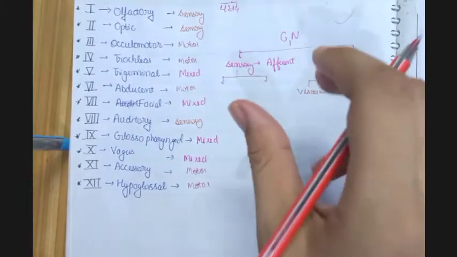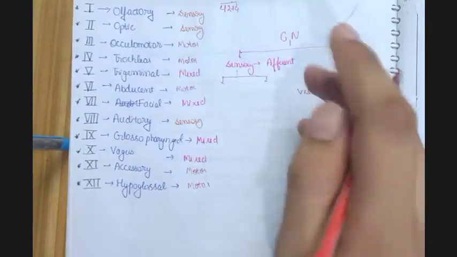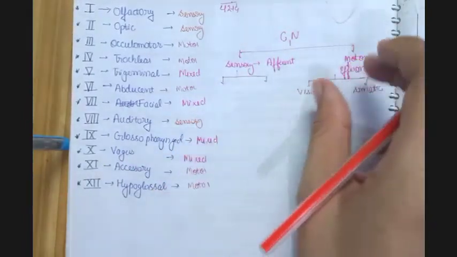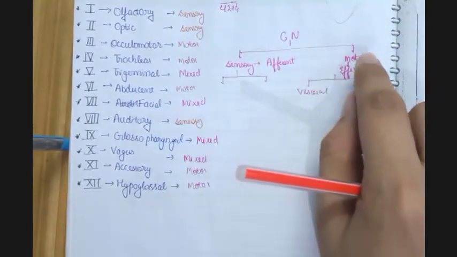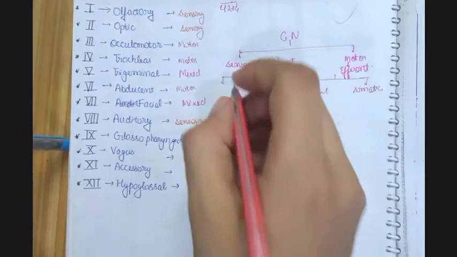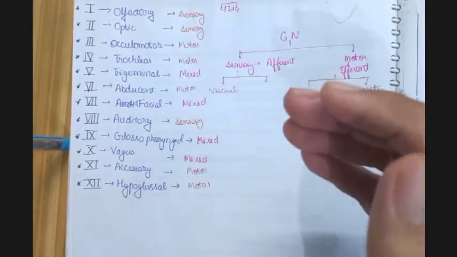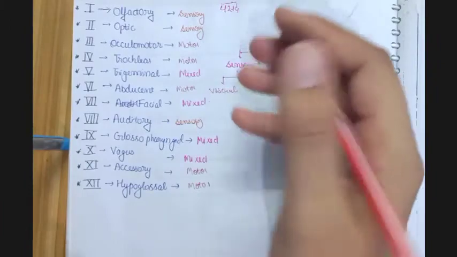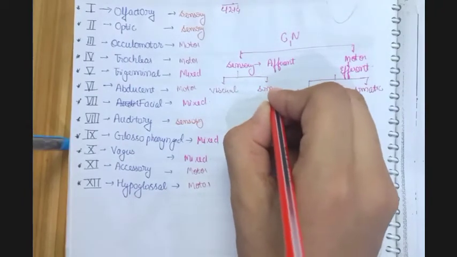Suppose there is some signal to the organs to carry on a function, that is done by the visceral component of the motor part, and some movement of the hand comes under the motor component via the somatic part. In sensory, also, we have visceral sensation, the sensation of peristalsis or other reflexes like the Golgi tendon reflex, and the sensation of smell comes under the visceral part, while touch, pain and pressure come under the somatic part.